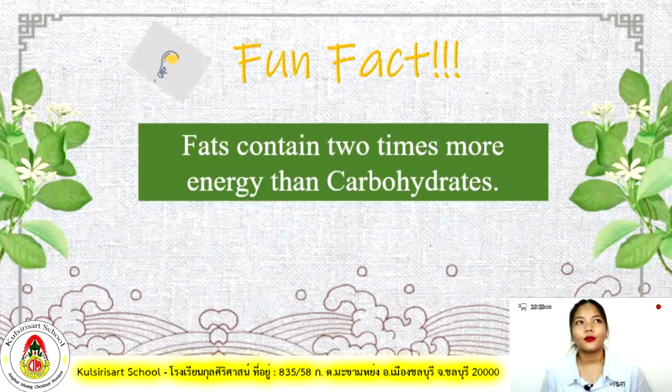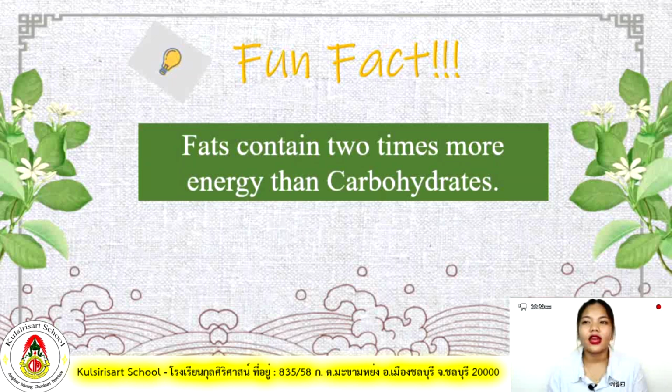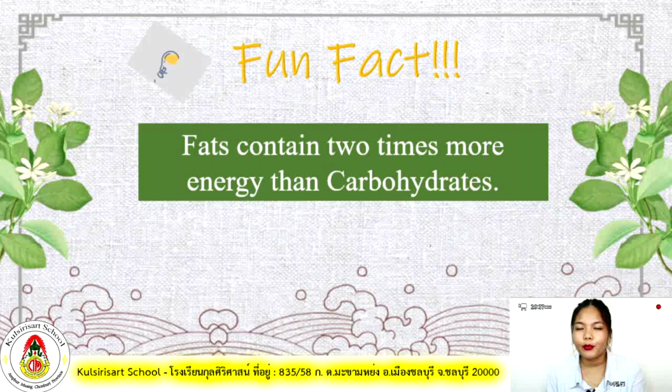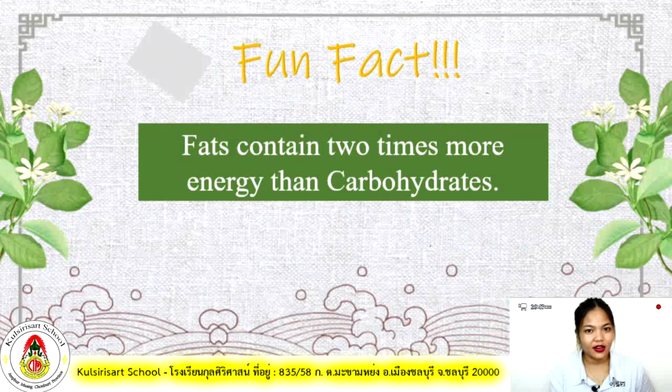Let's say, for example, you ate 1 serving of cake and 1 serving of butter. 1 cake serving will give you 300 calories, whereas 1 serving of butter will give you 600, because butter is an example of fat, and fat gives off 2 times more energy than carbohydrates.